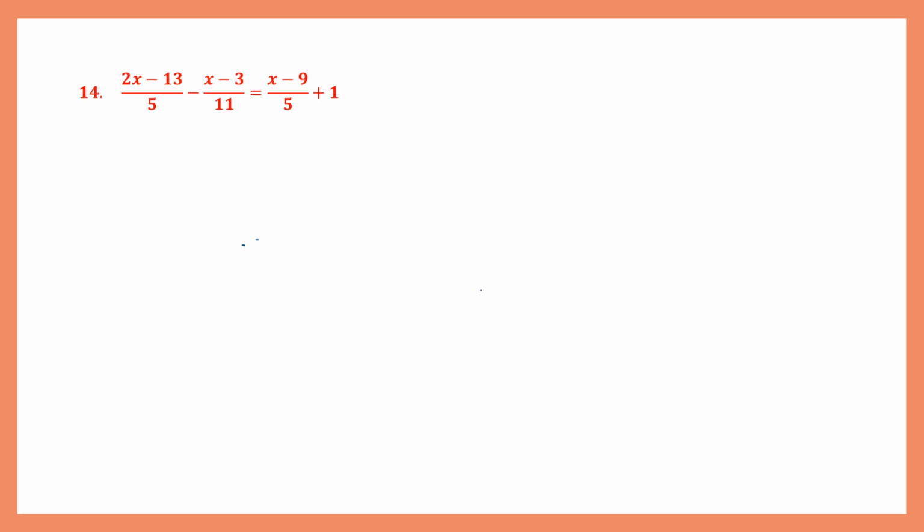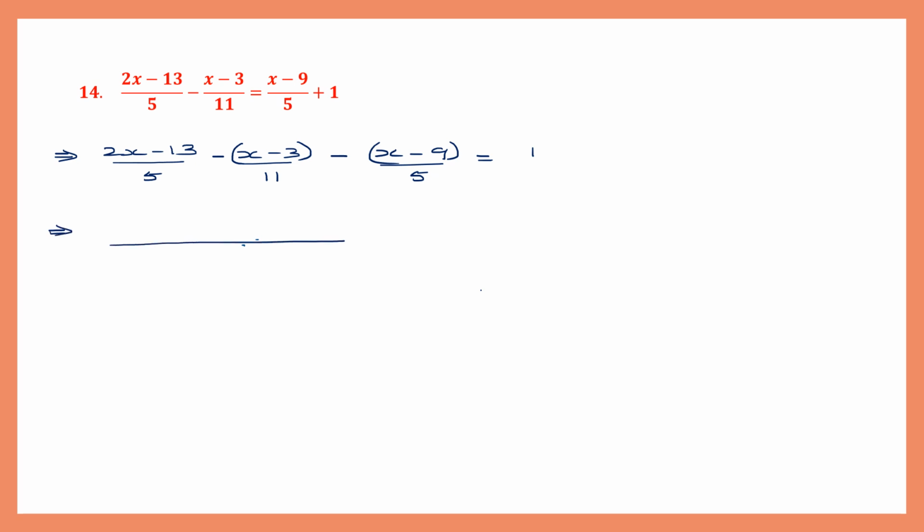So this will be 2x minus 13 by 5 minus x minus 3 by 11, minus x minus 9 by 5. So we have brought it to the side, so it's become minus, and this is equal to 1. Now we can find the LCM of 5, 11 and 5 again, and that is 55.